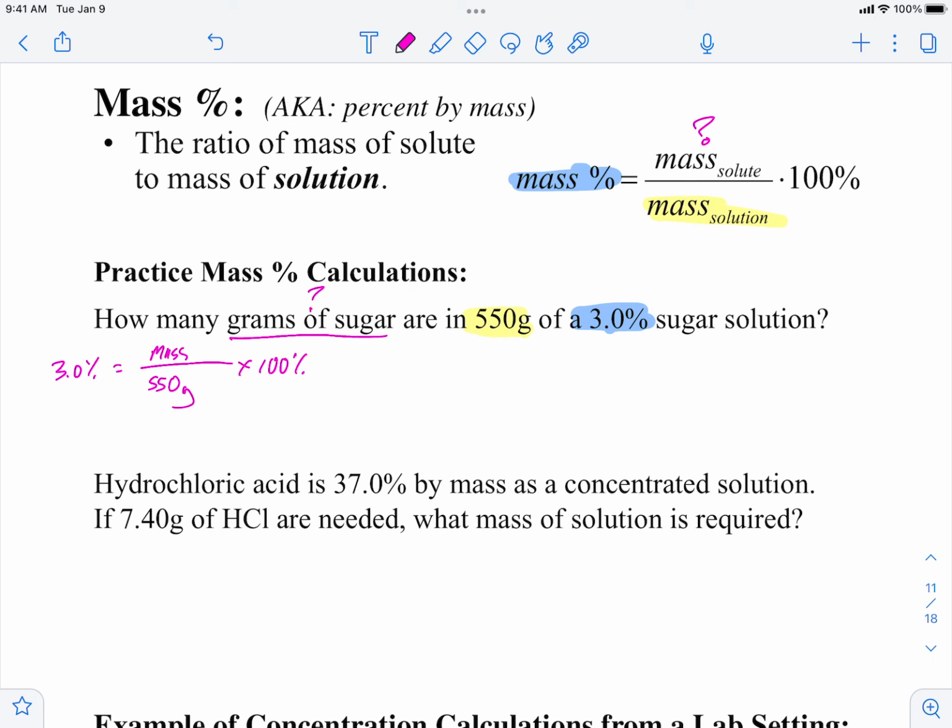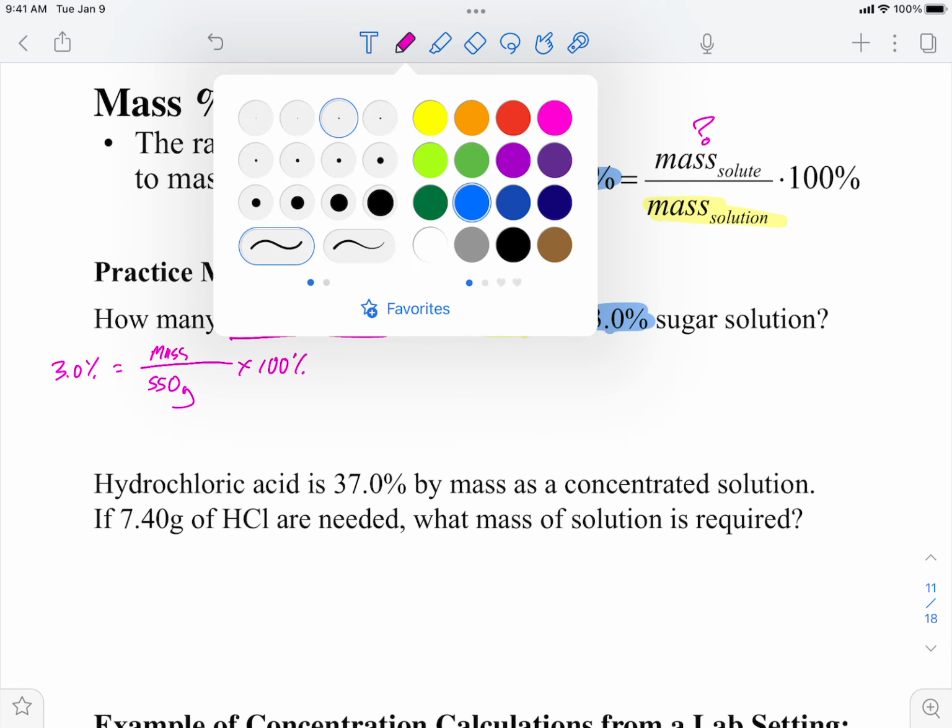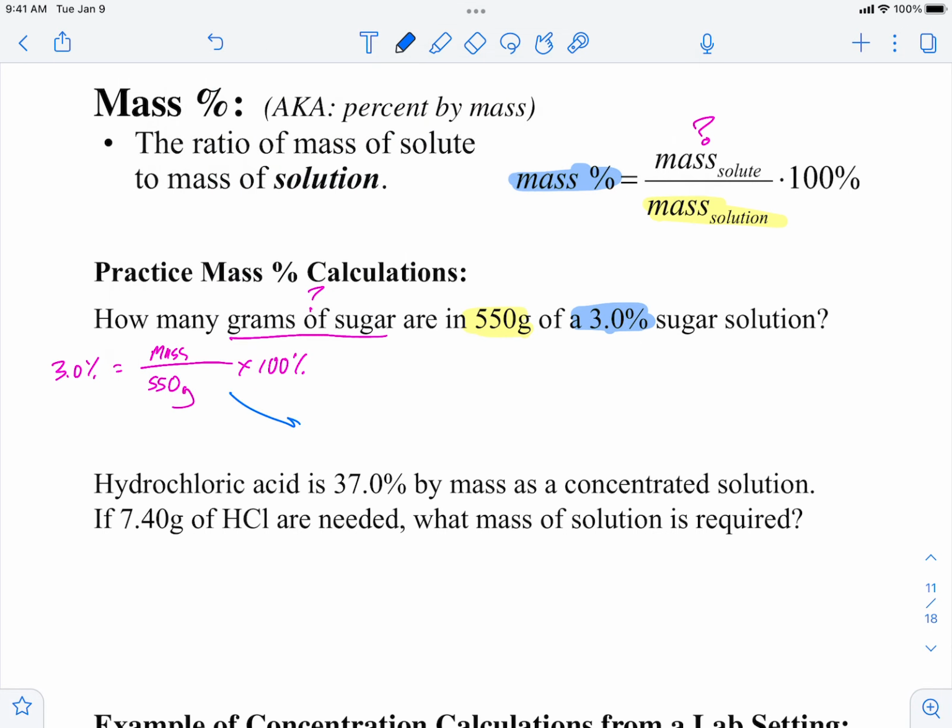Okay, so we need to solve for the mass. Now at this point we follow order of operations because we only have one missing variable, so we divide both sides by 100. 0.03 is equal to the mass divided by 550, and the times 100 was divided out, so really it's just a matter of now solving for the mass.